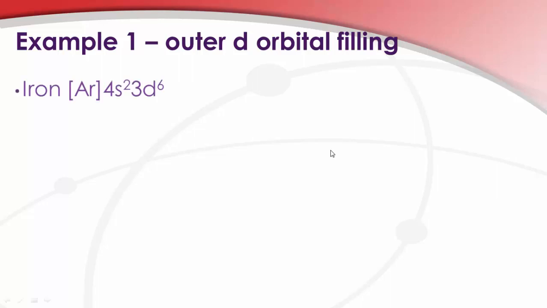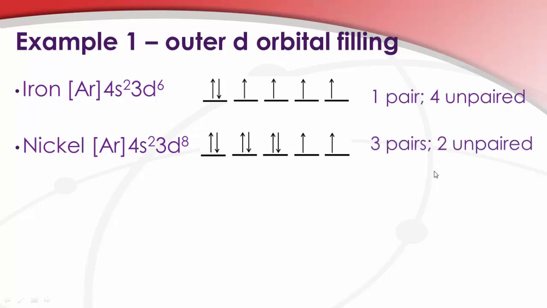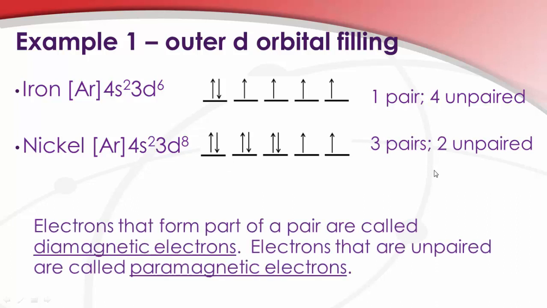So if we have a look at iron, for example, and nickel, these have several unpaired electrons. Iron with 4 unpaired electrons and 2 paired electrons. Nickel with 3 pairs and 2 unpaired ones. We call the paired electrons diamagnetic electrons. Unpaired electrons are called paramagnetic electrons.